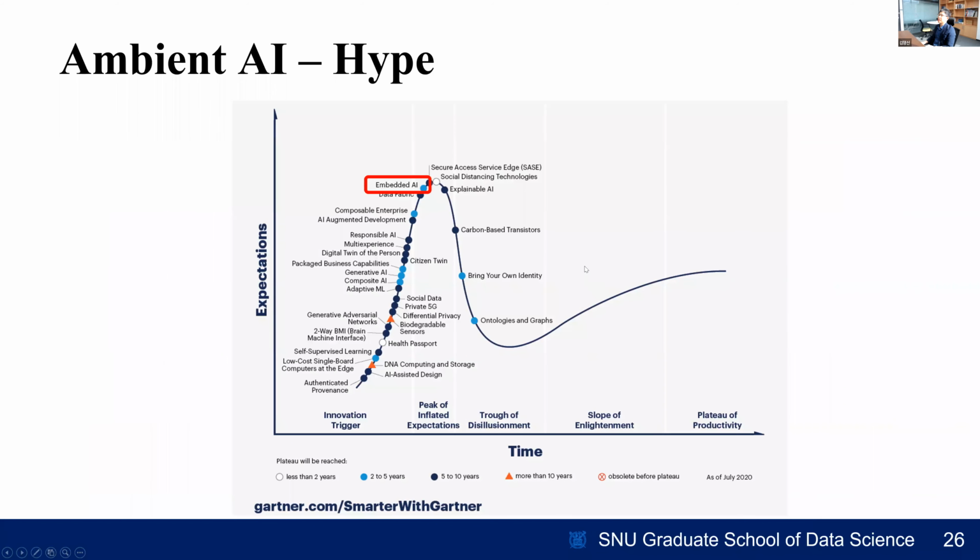And because of its usefulness, there's some hype about this field. So you can see from this Gartner curve, there are 5 stages of a newly emerged computing technology, and embedded AI is on this stage, second stage, which is called peak of inflated expectations, right?